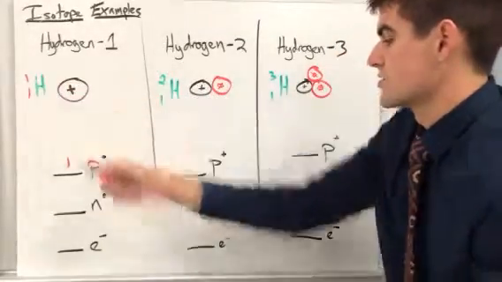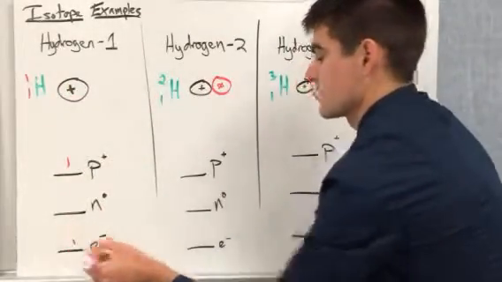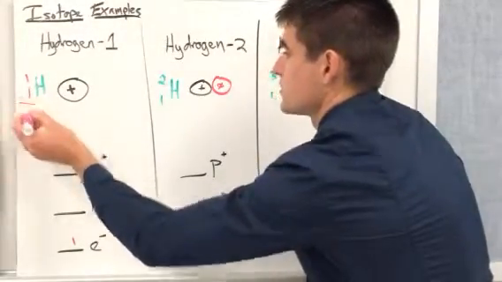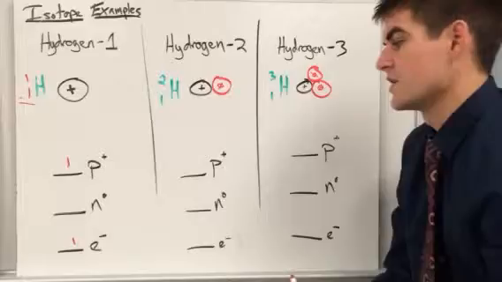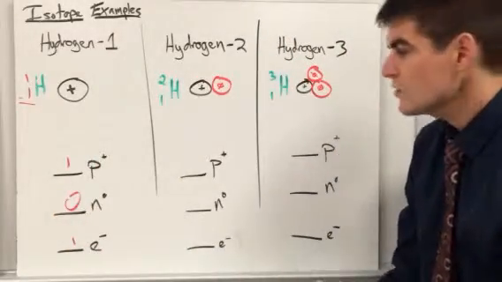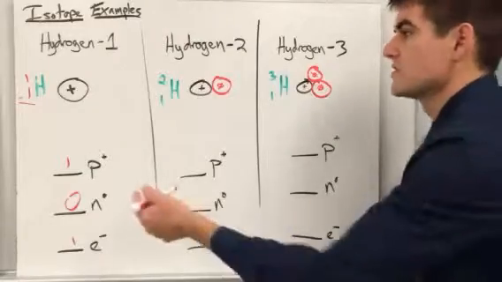And I don't see a charge, so electrons, same as protons. And then to get neutrons, well, we just subtract in our nuclear notation, and in this case, actually 0. Which, kind of weird, but it happens in this one case.